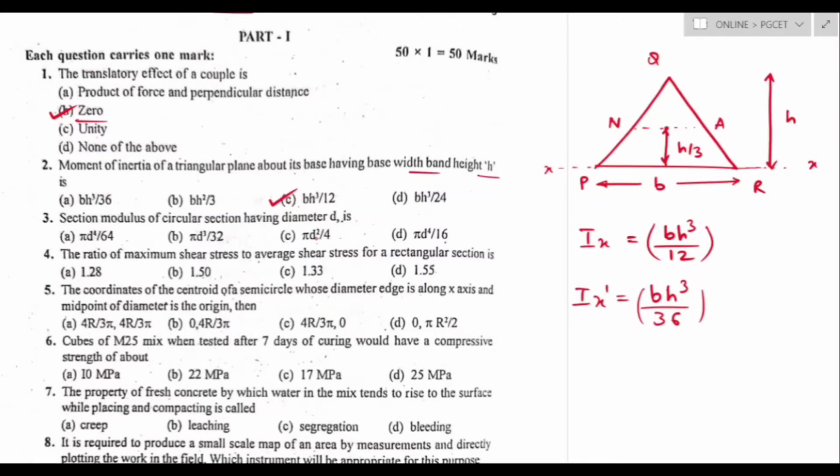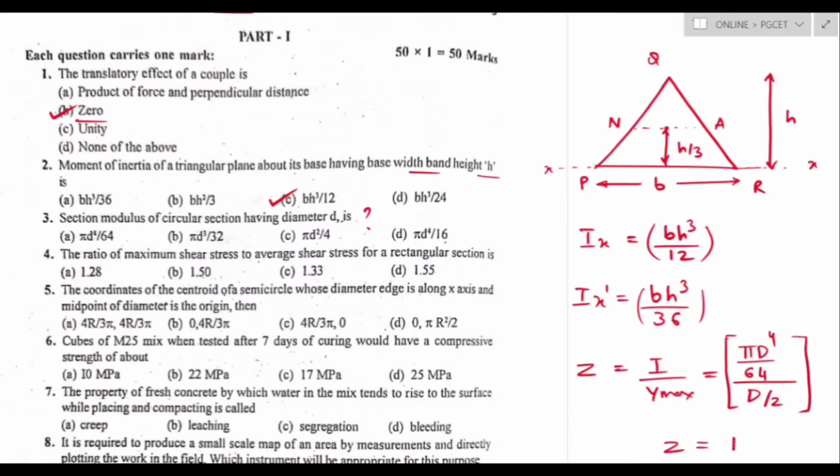Question number 3. Section modulus of a circular section having a diameter d is. Section modulus is the ratio of moment of inertia by distance from centroid to top or bottom edge of the section. That is, Z is equal to I by Y max, where I is the moment of inertia of a circular section, that is given by pi d to the power of 4 by 64, and Y max is the maximum distance from centroid to top or bottom edge of the section, that is, Y max for a circular section is given by d by 2.